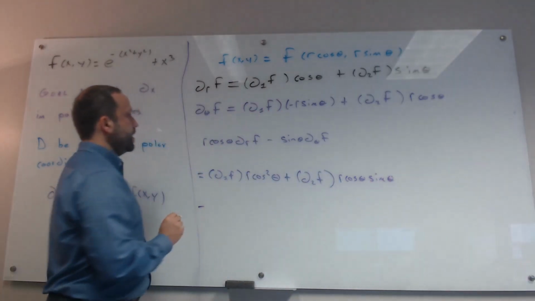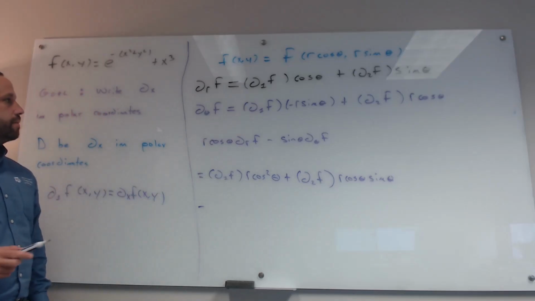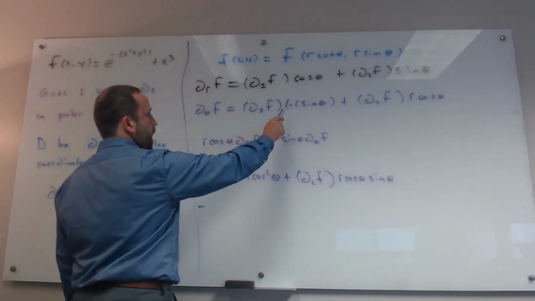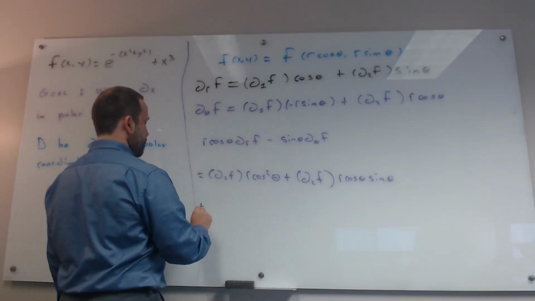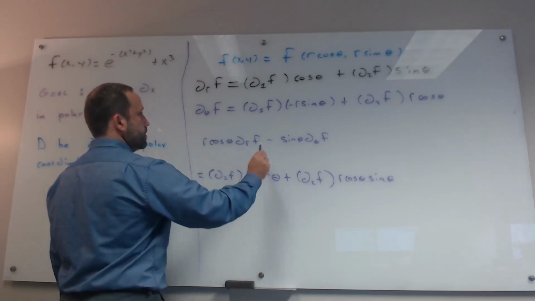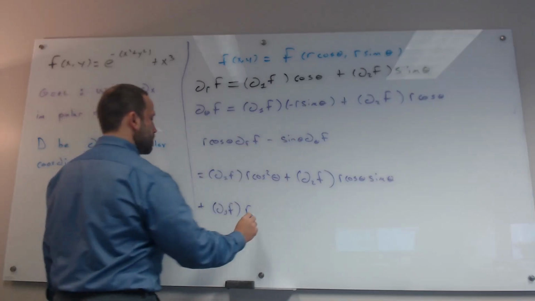And then minus, I'm multiplying the bottom one by sine theta, so it's minus a minus, because there's a minus sign there, so it's going to be plus the partial 1 derivative of f times r. Well, if I multiply it by sine, it's going to be sine squared theta.